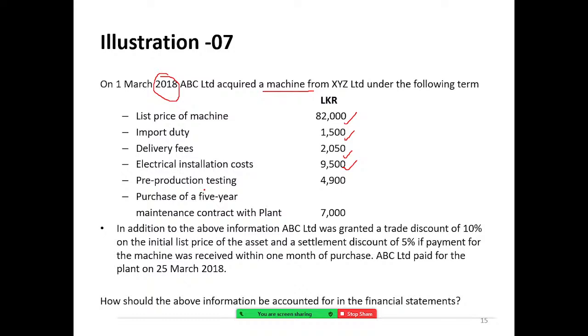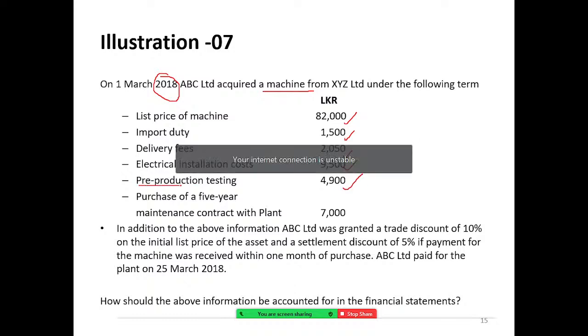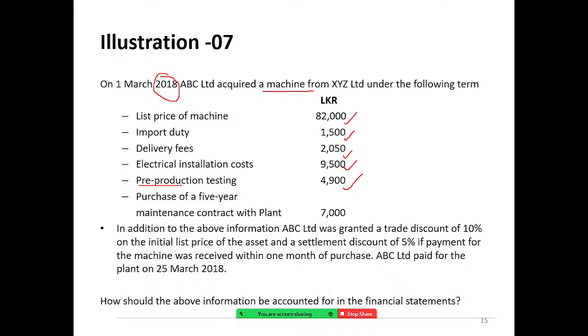And pre-production and testing cost, so we have to include this cost because it's pre-production. They have spent this amount of money to bring the machinery to the intended conditions, right.